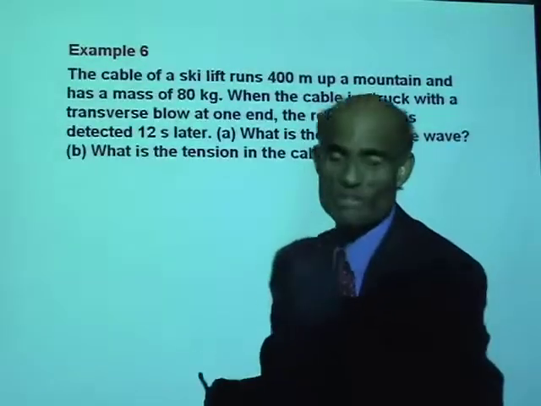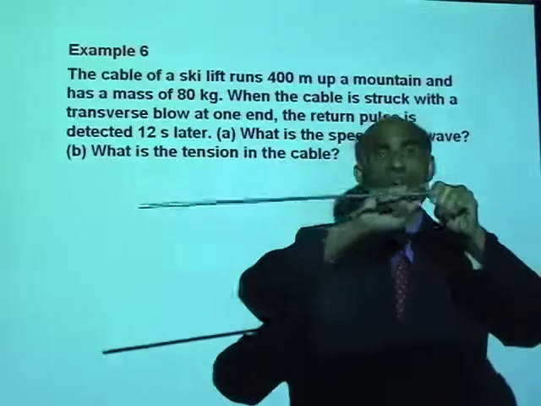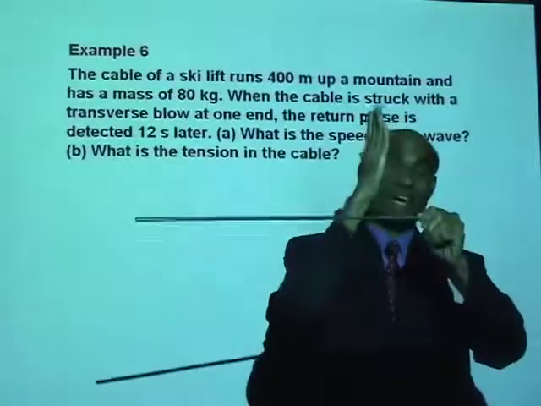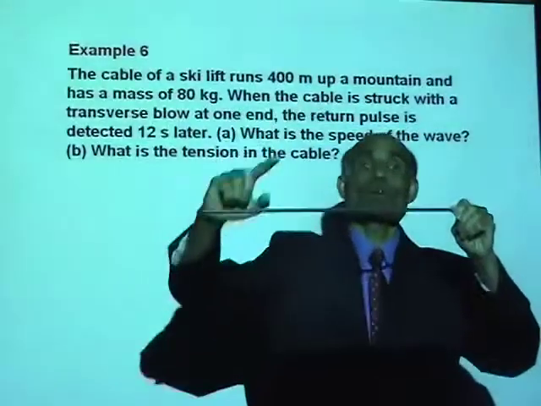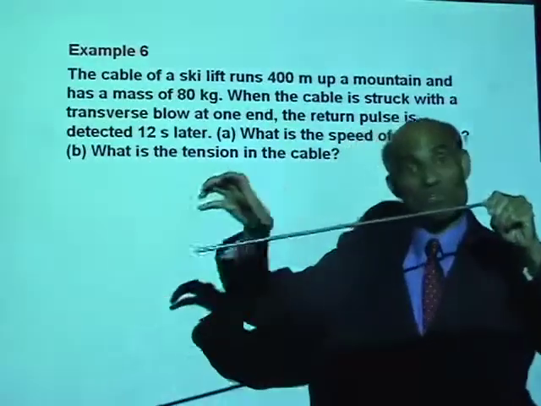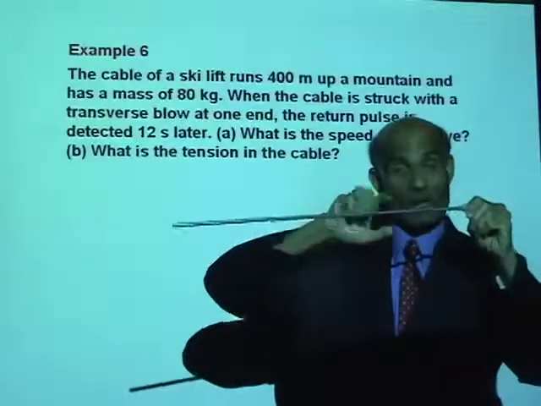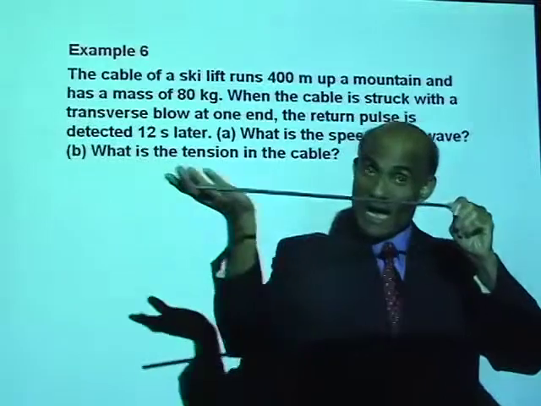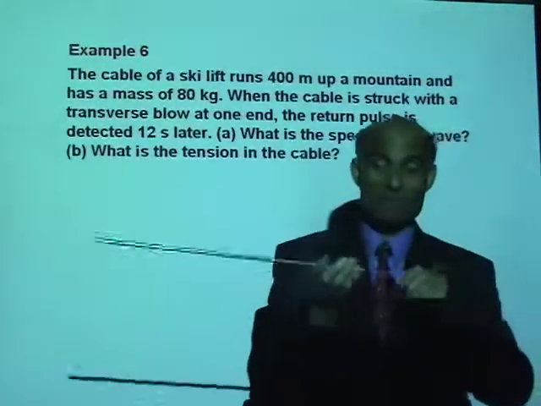What is the meaning of a transverse blow? If this is a string, a transverse blow is the blow at right angles, creating a pulse, just like I created the pulse on the spring. So the pulse will go all the way to the other end and get reflected back.